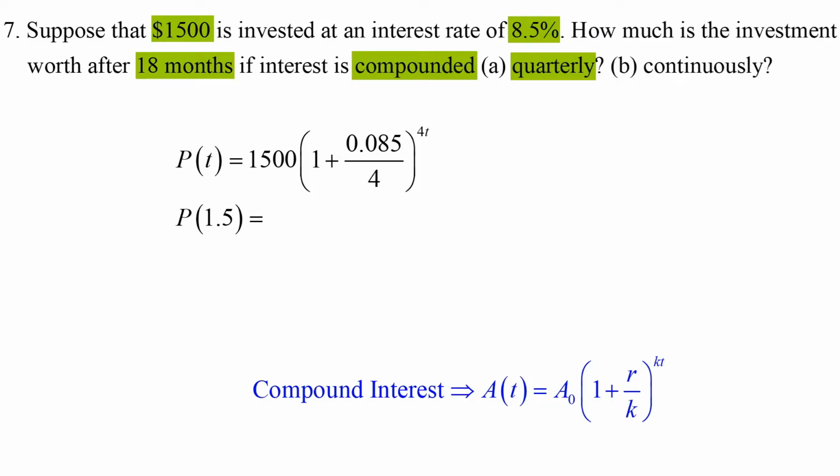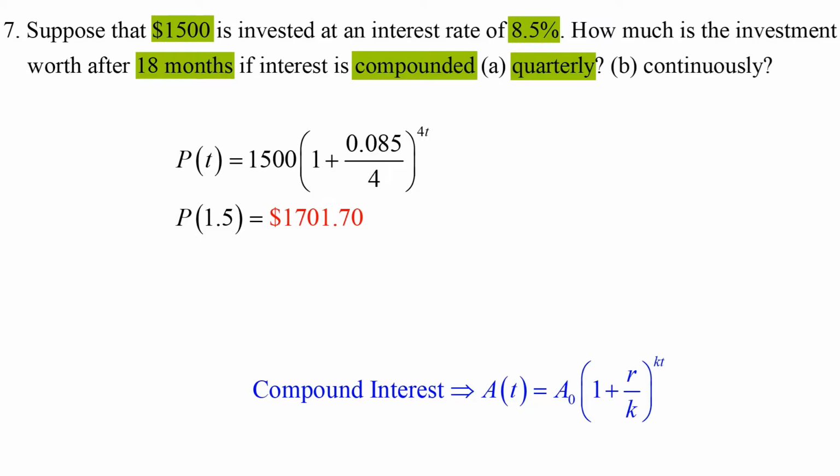Isn't that just 6? But anyway, there it is, and I always double check my calculator. 1,500 times the quantity, 1 plus 0.085 divided by 4 to the 4 times 1.5 power, and I put that 4 times 1.5 in parentheses, and I have $1,701 and approximately 70 cents. Oh, look at that. Nice.